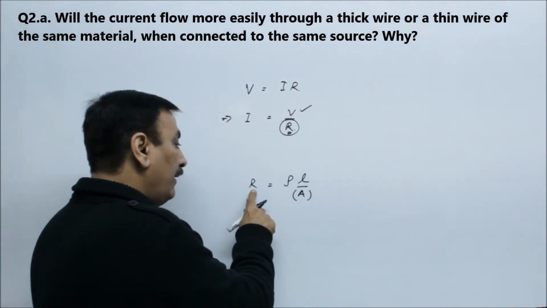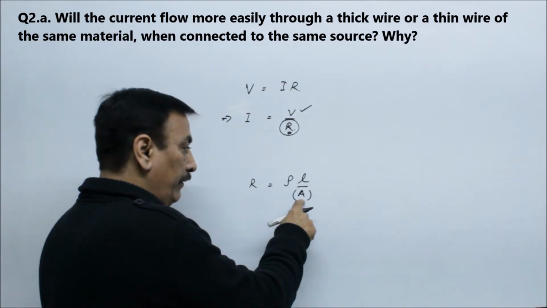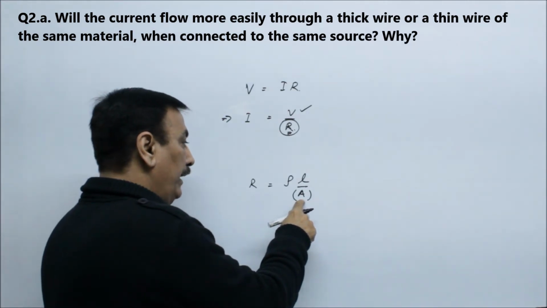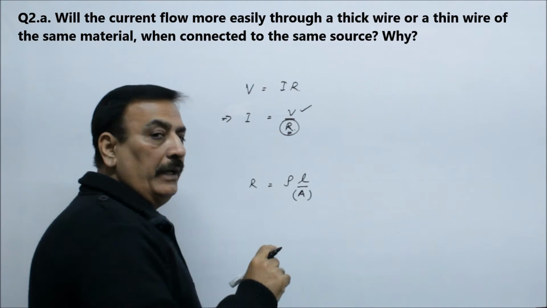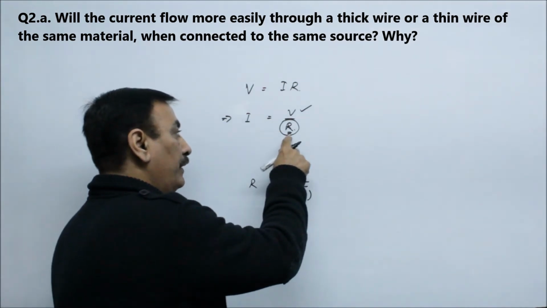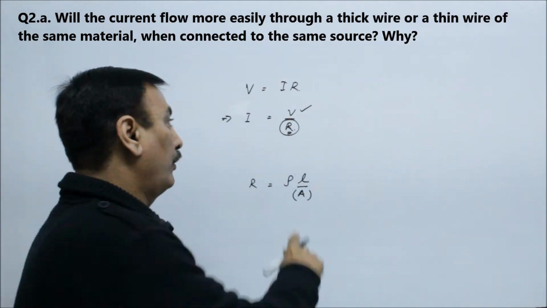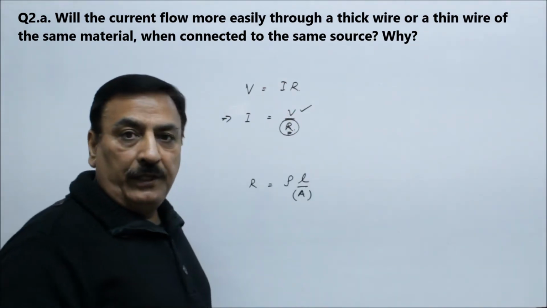So from here itself we can come to know the thick wire, which has got relatively larger value of the area, will have smaller value of resistance, and smaller the value of resistance, larger will be the value of current for the same value of the potential difference.